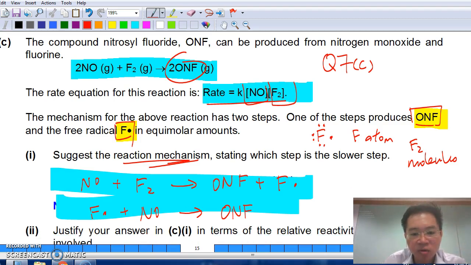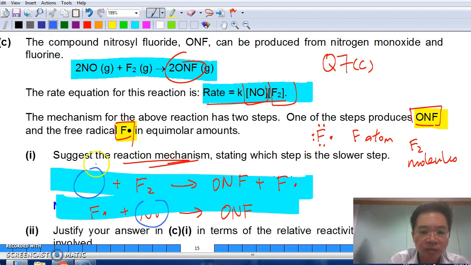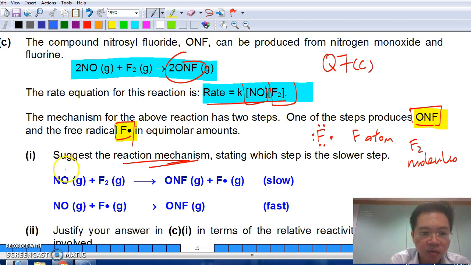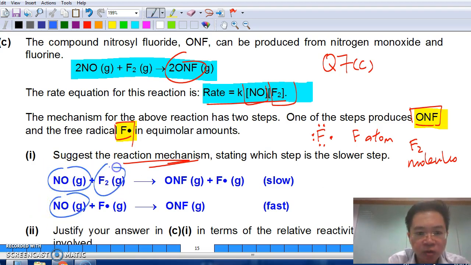Now to verify that these two steps are the correct ones, I form back the full equation. In my reactants, I have 2 NO, and I have an F2.